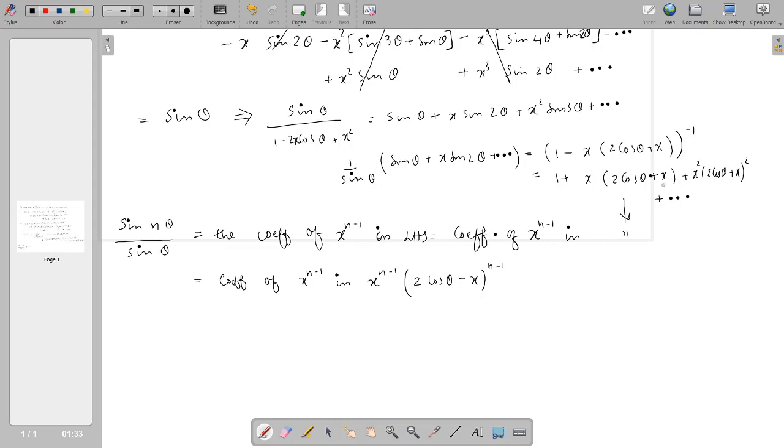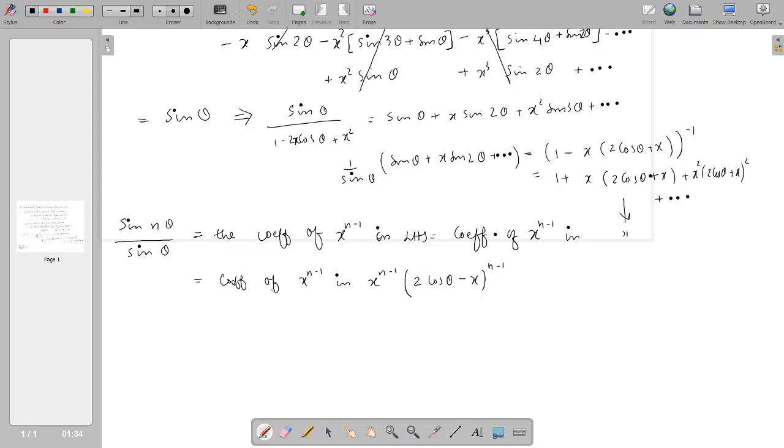That means in order to get the coefficient of x square, we target this term first, then backward. After this term, there will not be any term containing x square. From this onwards, we have the terms with x cube and higher power. So in order to get the coefficient of sine 2 theta by sine theta, we will target this term first, and we will search for the same in the backward direction.